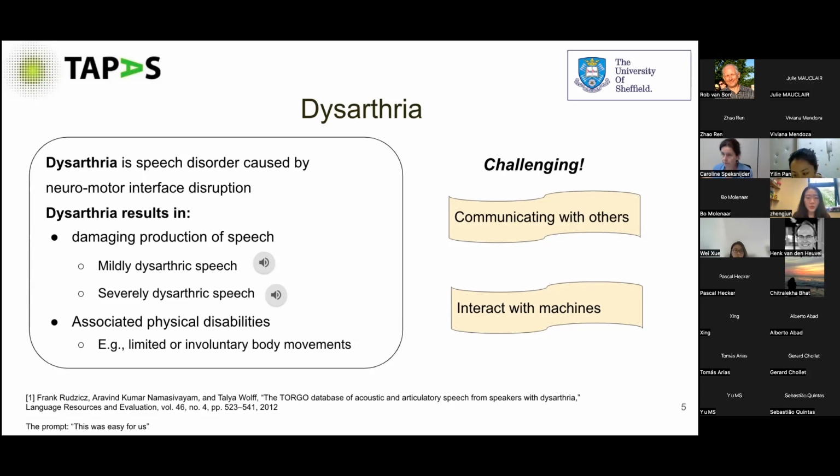I'll briefly show you two examples taken from the TORGO corpus of dysarthric speech. I want to first show you the severe case. Then I will show you speech from a mild speaker saying the same utterance.